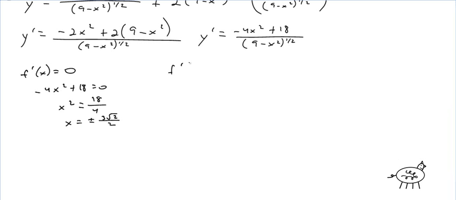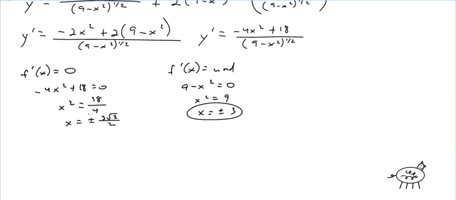Okay, and what about where f prime of x is undefined? That means the bottom is equal to 0, so 9 minus x squared equals 0, so x squared equals 9, x equals plus or minus 3. Okay, so we got 4 values here. So let's do our interval testing.